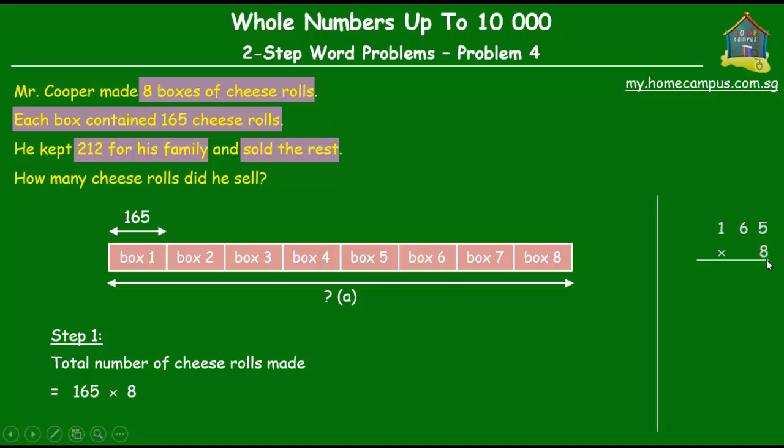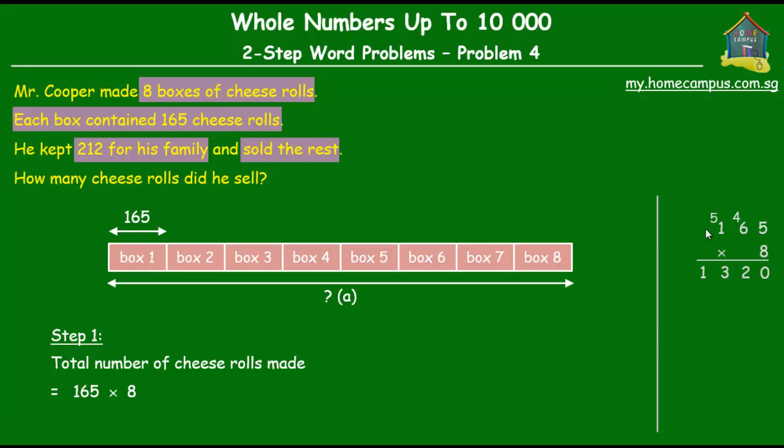5 times 8 is 40. So we put the 0 here and carry the 4 over to the tens place. Then 6 times 8 is 48. Add the 4 to that, it's equal to 52. So we put the 2 here and carry the 5 over to the hundreds place. 1 times 8 is 8 plus 5 is 13.